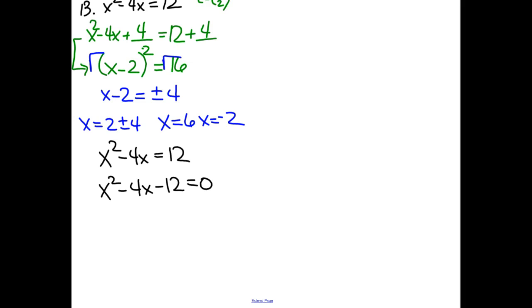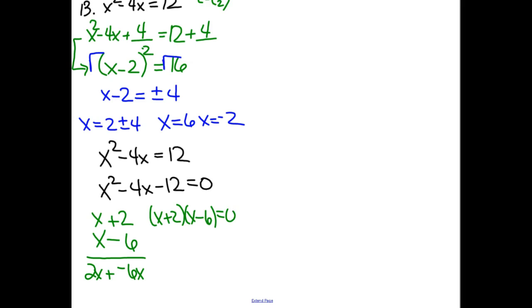We've got x and x. One is plus and one is minus. What factors of 12 are we going to use? That's right, 6 and 2. Again, we're going to x-factor to make sure we have chosen wisely, and we have. And so now we've got (x + 2)(x - 6) = 0, so x = negative 2, and x = 6. Did you notice I got the same answer?